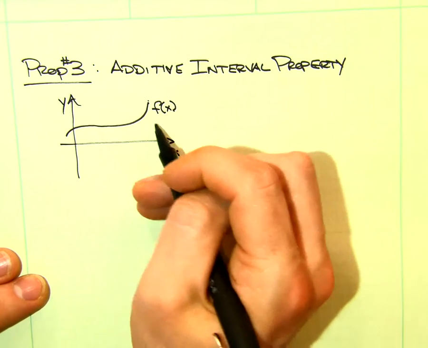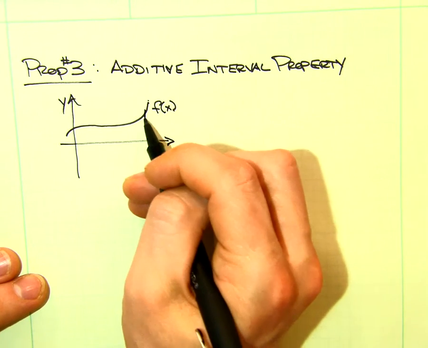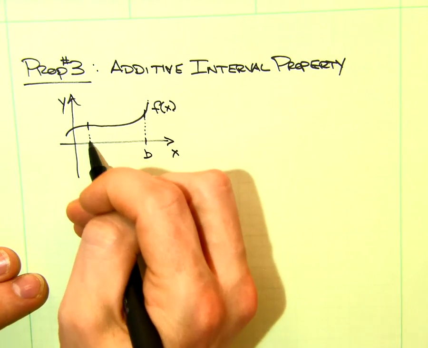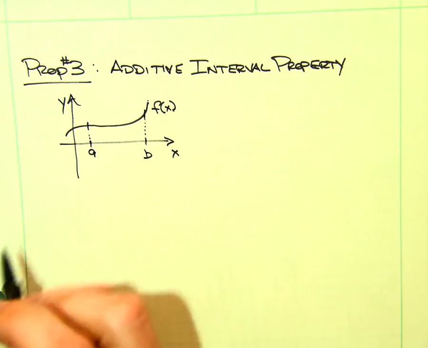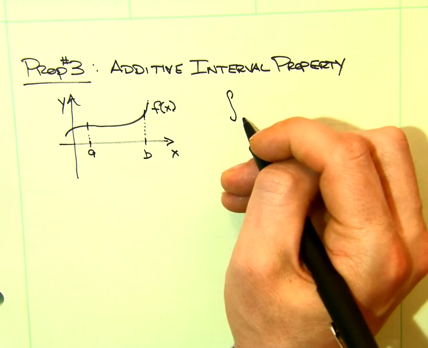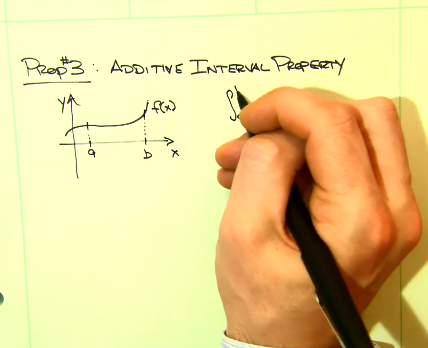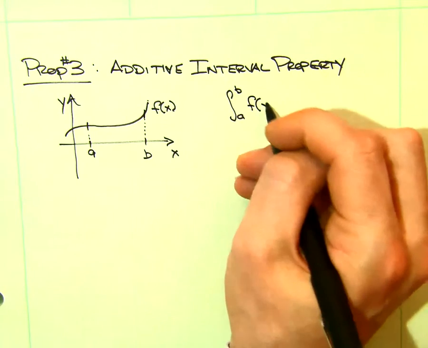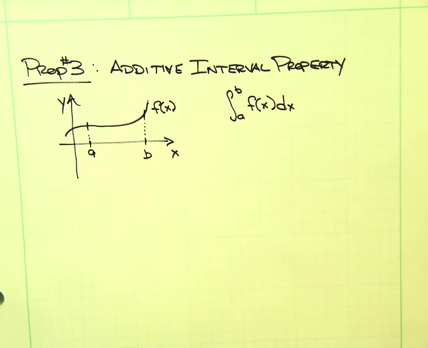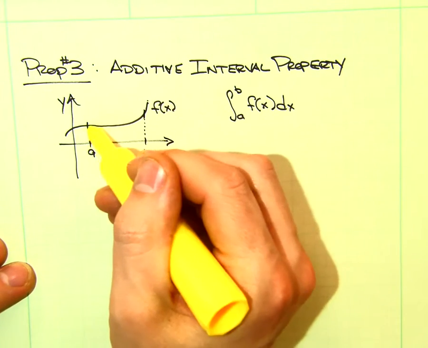Once again, if I'm looking at an interval from b to a, and if I'm integrating this from a to b, f of x dx, what I'm looking for is the area between the curve and the x-axis. So I'm going to shade that in with yellow.